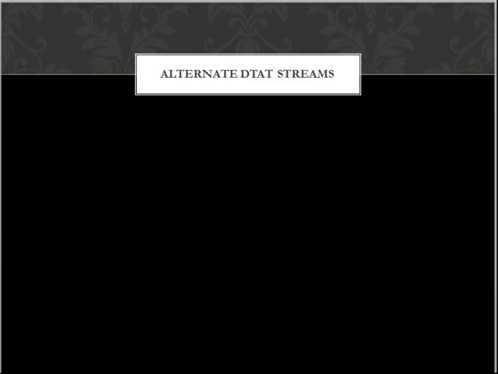Files stored on the FAT system would only have the data associated with the unnamed stream. Applications can create additional named streams and link them to the file in addition to the unnamed stream. This is only visible and useful to the application itself, as the user does not have direct access to the named streams. I don't really know what that is, so I just kind of read it out of the book. You understand it more than me.